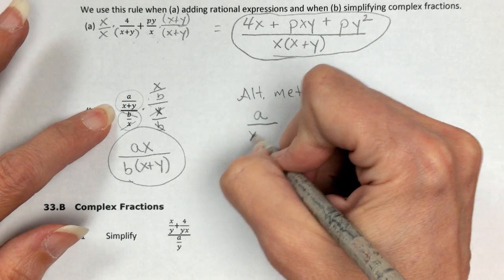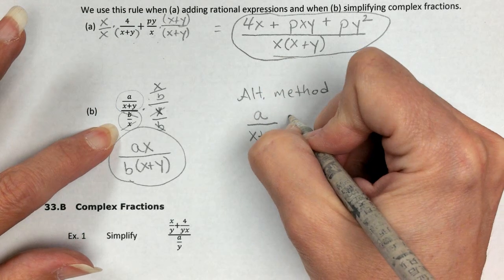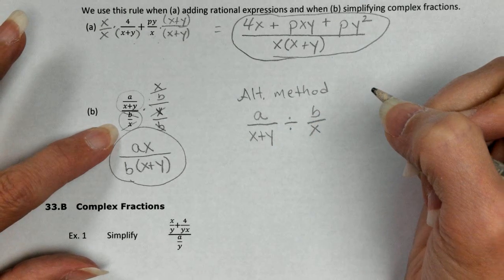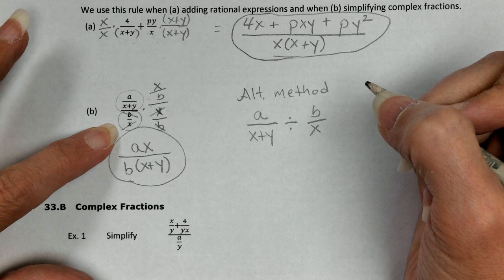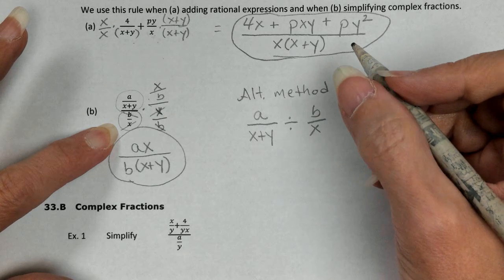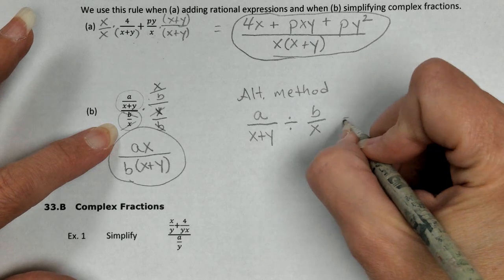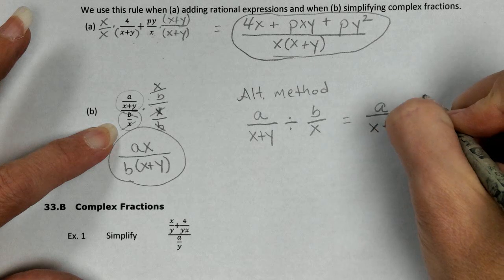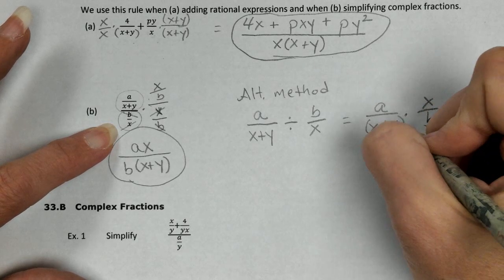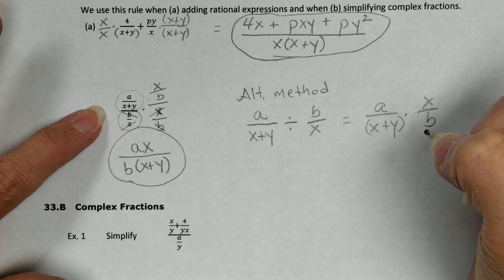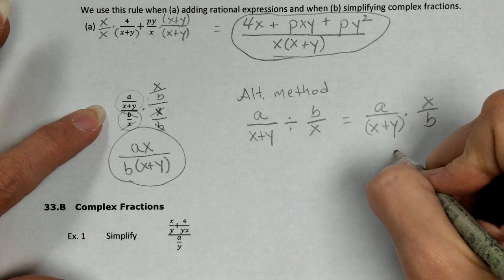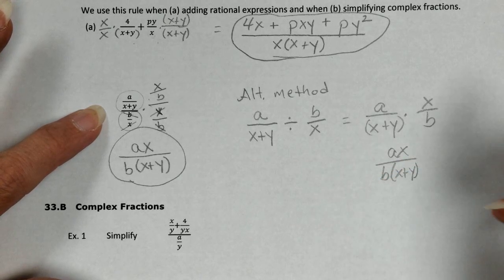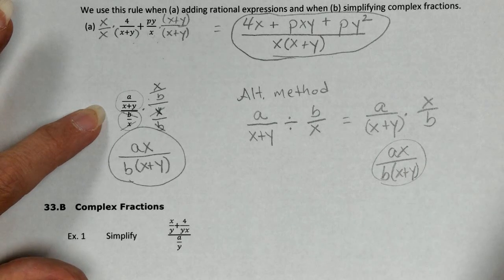So a over x plus y originally was being divided by b over x. And you hopefully remember that when you divide by a fraction, the way to finish that is to multiply by its reciprocal. So this would be a over x plus y times x over b, which is exactly what we did over here in the numerator. So it still gives us ax over b times x plus y. You get the same answer either way, so it's just whichever way you prefer to do it.